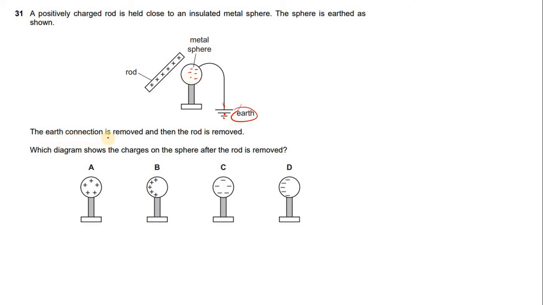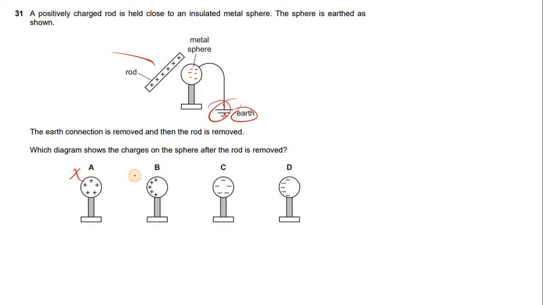The earth connection is removed, and then the rod is removed. First we remove the earth connection, and then we remove the rod. Once we remove the earth connection, the incoming electrons remain in the sphere, and then we remove the rod. That means the sphere has additional negative charge, and these are free electrons.